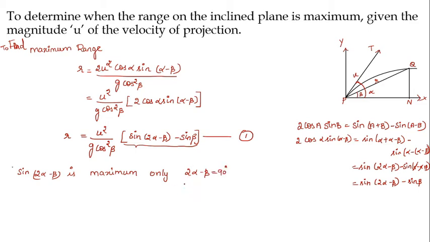So I can consider 2 alpha minus beta equal to pi by 2. 2 alpha is equal to pi by 2 plus beta. Alpha is equal to pi by 4 plus beta by 2. So this is the angle of projection. This should be the angle of projection for maximum range.